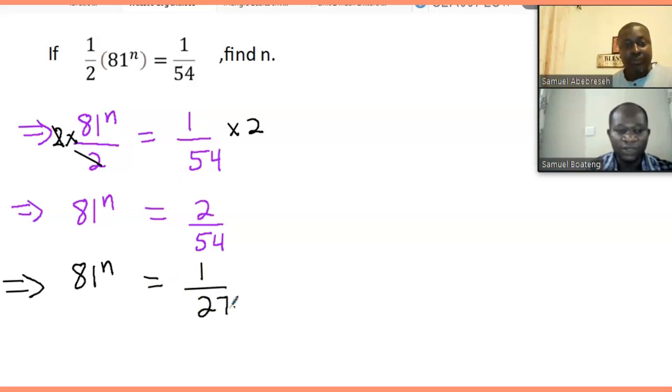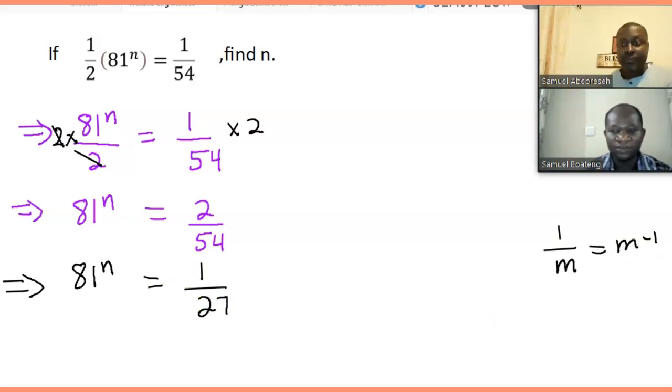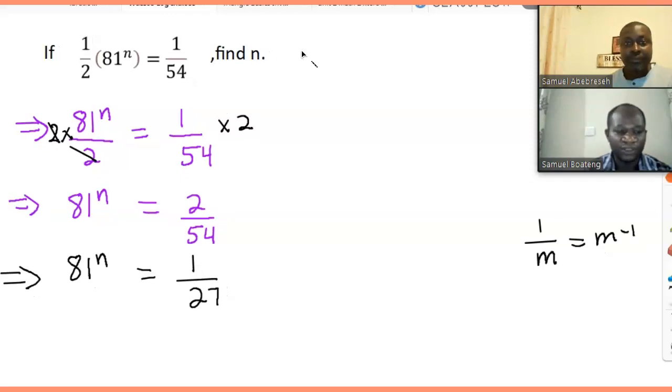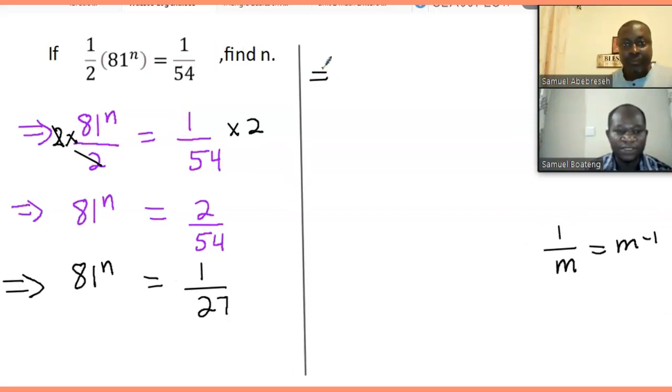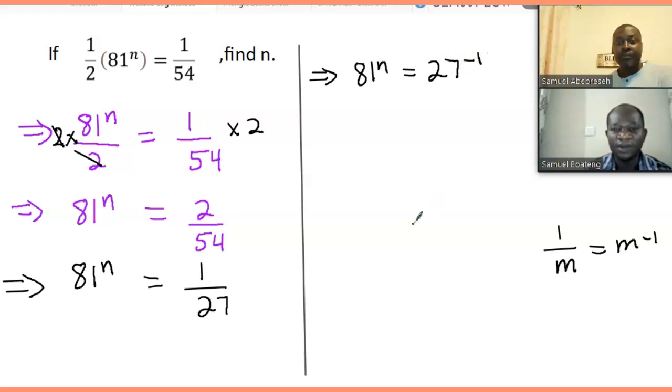So we have 1 on 27. That's one of the properties of indices. If you have 1 over something, you can write it as m raised to the power minus 1. Next step, this implies that you can rewrite 1 on 27, so 81 raised to the power n is equal to 27 raised to the power minus 1.